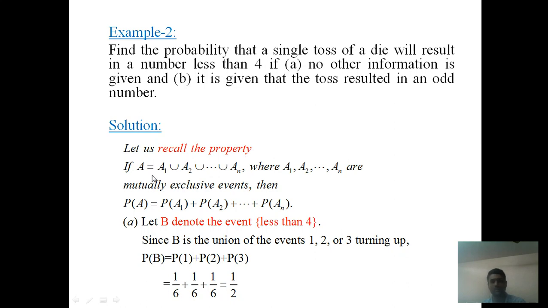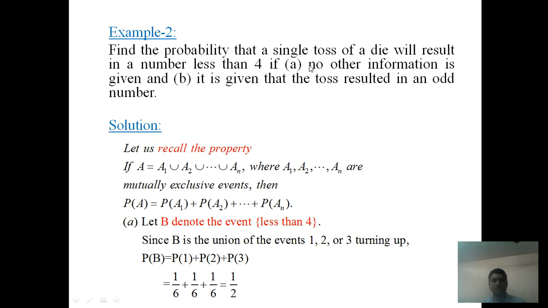If A is a union of A1, A2 and so on up to An, where each of the events A1, A2 and so on up to An are mutually exclusive events, then the probability of A is equal to the probability of A1 plus the probability of A2 and so on plus the probability of An, because all the events are mutually exclusive.